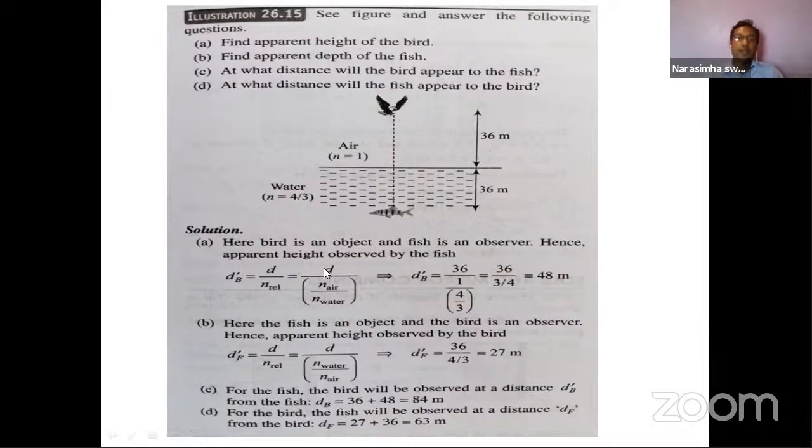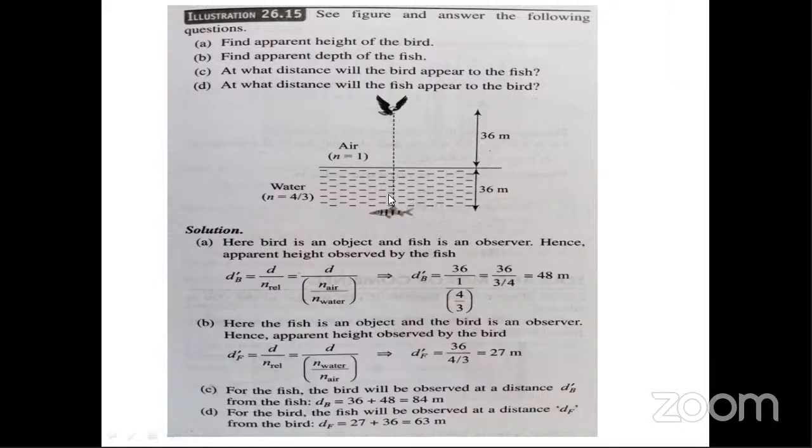Here D is the original depth or height, divided by the ratio of the refractive index of air to the refractive index of water. The refractive index of air is 1, and of water is 4 by 3. Substituting the values, 36 by 3 by 4, you get 48 meters. Originally it is 36 meters, but it appears to be at 48 meters if you observe from below.